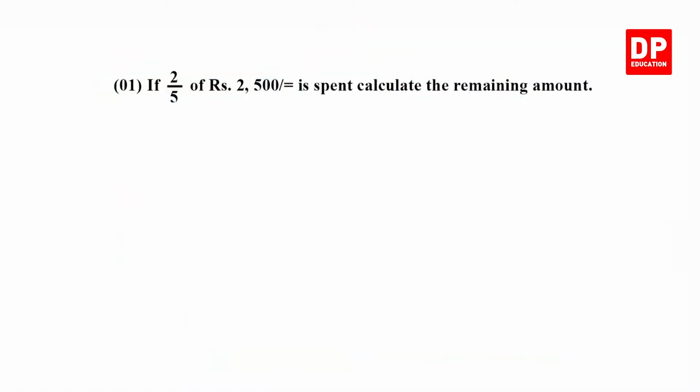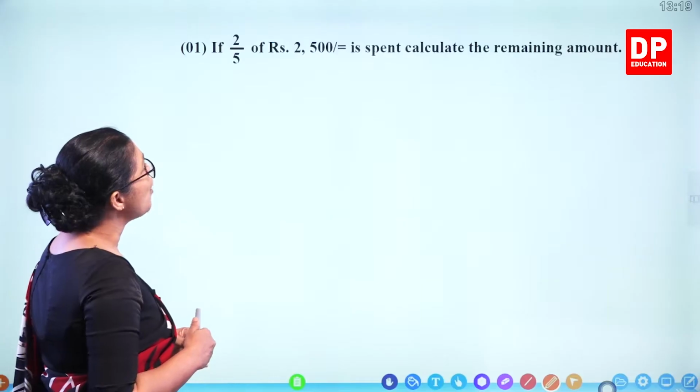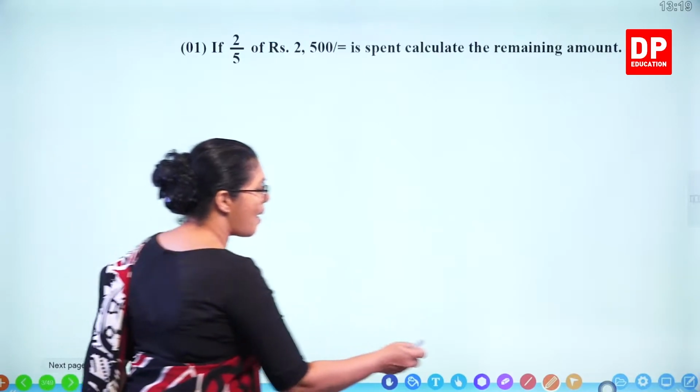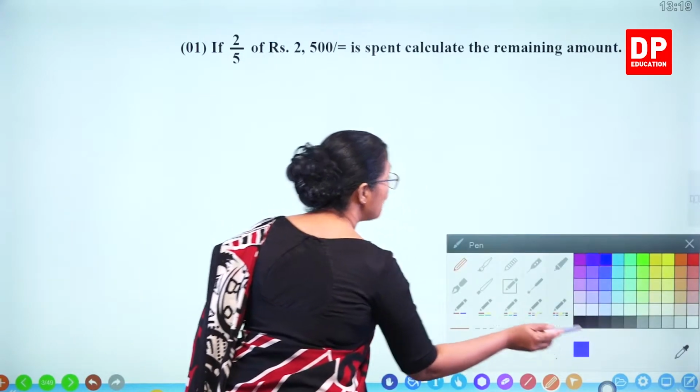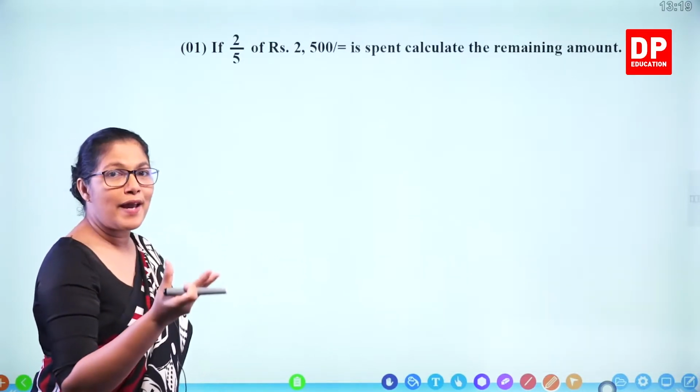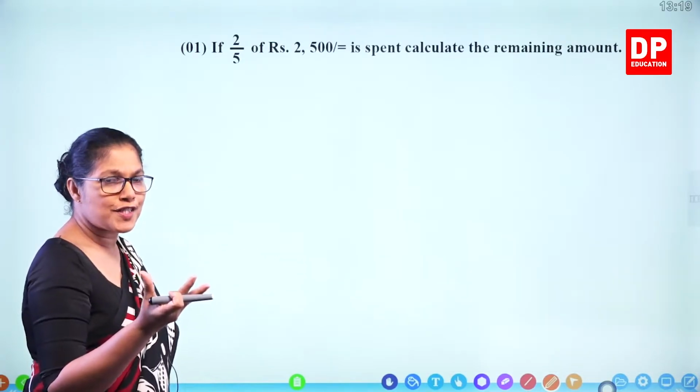Question number 1. If 2/5 of 2,500 rupees is spent, calculate the remaining amount. So how do you find the remaining amount? 2/5 is spent. So remaining is 3/5.